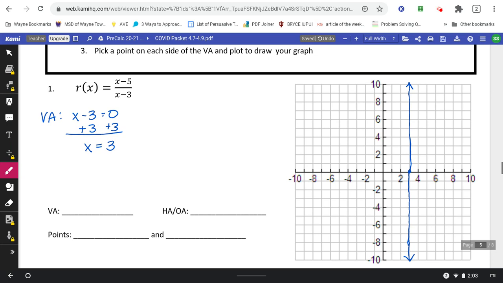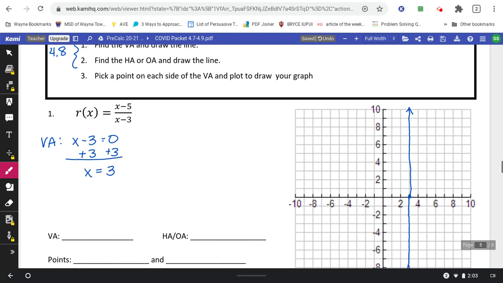Step number 2 is going to be to find the horizontal or oblique asymptote. So what I'm going to do is look at the degree. This is a degree 1 and a degree 1. Again, we're talking about the exponents there. That would be same over same, which means that I'm going to divide the coefficients.